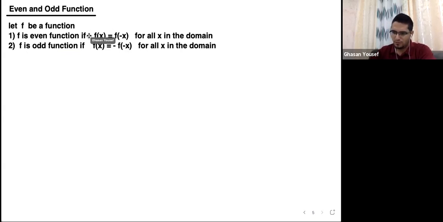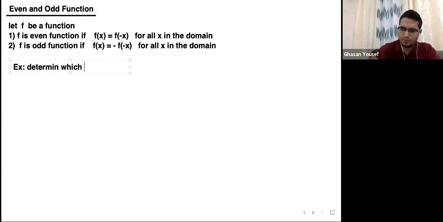Okay, let me give you an example for this. Determine which of the following functions is even or odd or neither even nor odd.